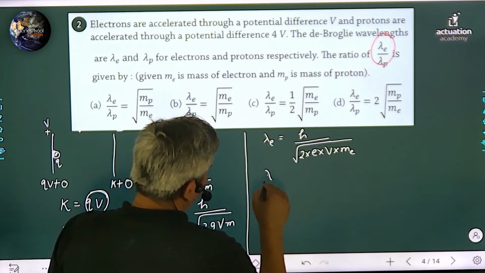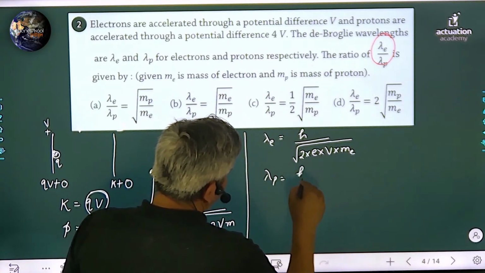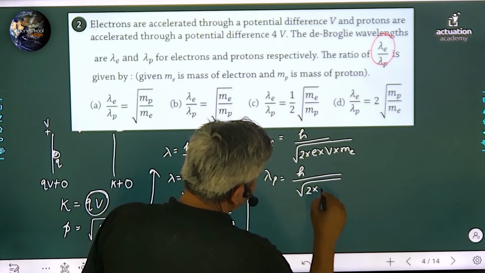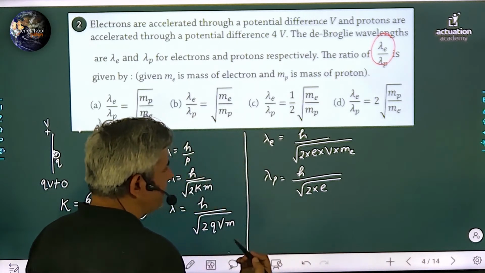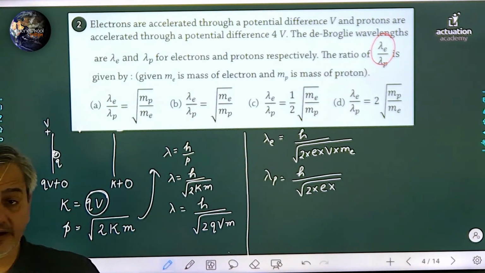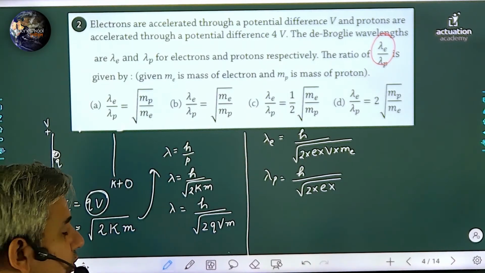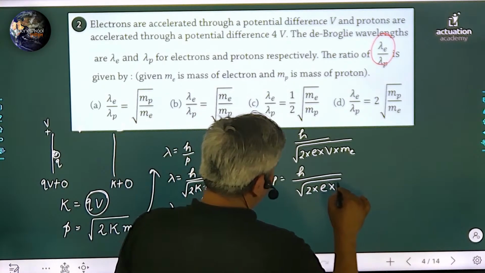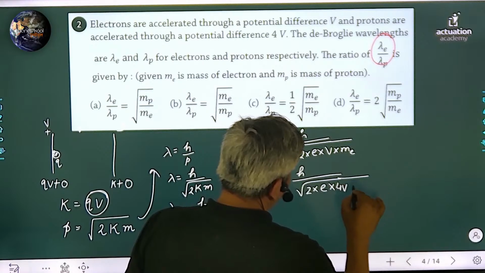Similarly, lambda p can be written as h over under the root 2 times charge on proton, which is the same, into accelerating potential. Accelerating potential here is 4v, so 4 times v into mass of proton.